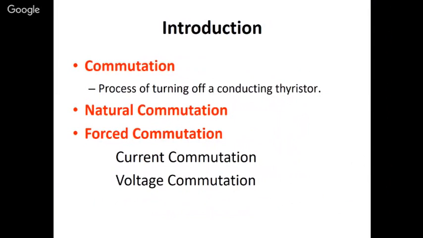Natural commutation is used whenever an AC supply is used, say AC to DC conversion, a rectifier, or AC to AC conversion like a cycloconverter or AC voltage controller. In such circuits, you directly go for natural commutation.